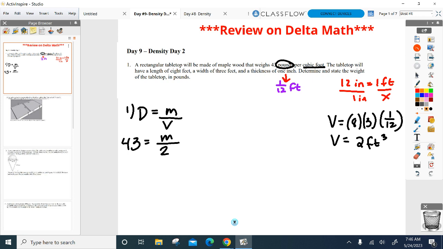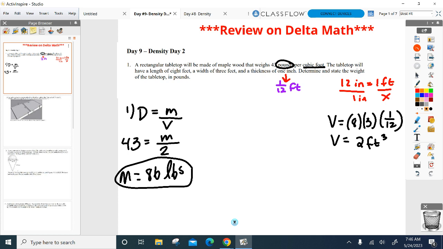And your mass ends up being 86. So this is in pounds. There we go, 86 pounds for the tabletop. Again, I don't care if it sounds like a broken record: your density and your object have to be in the same units before we do any calculations. Any issues here? This is just basic.